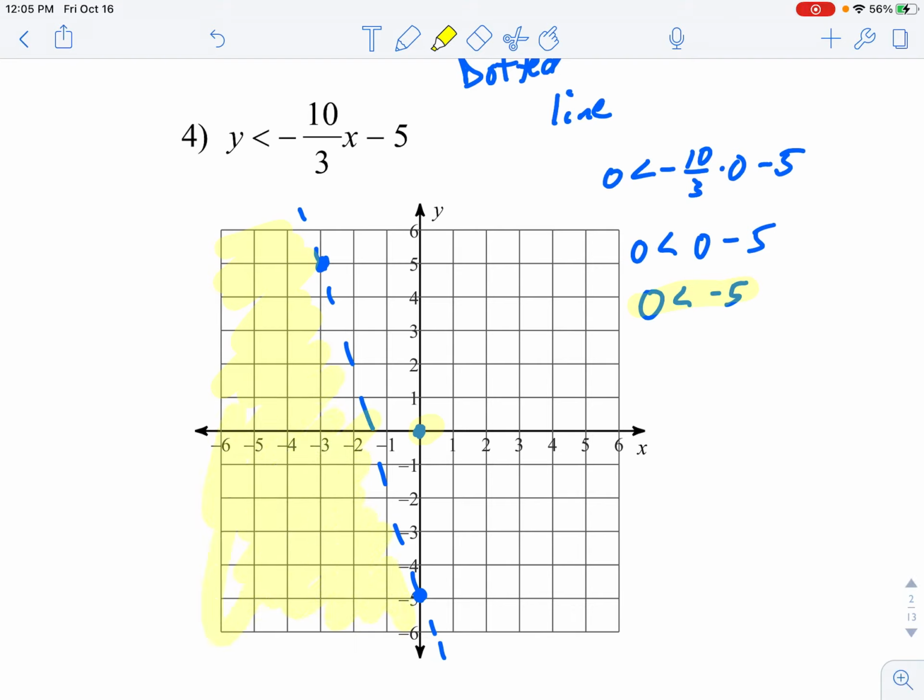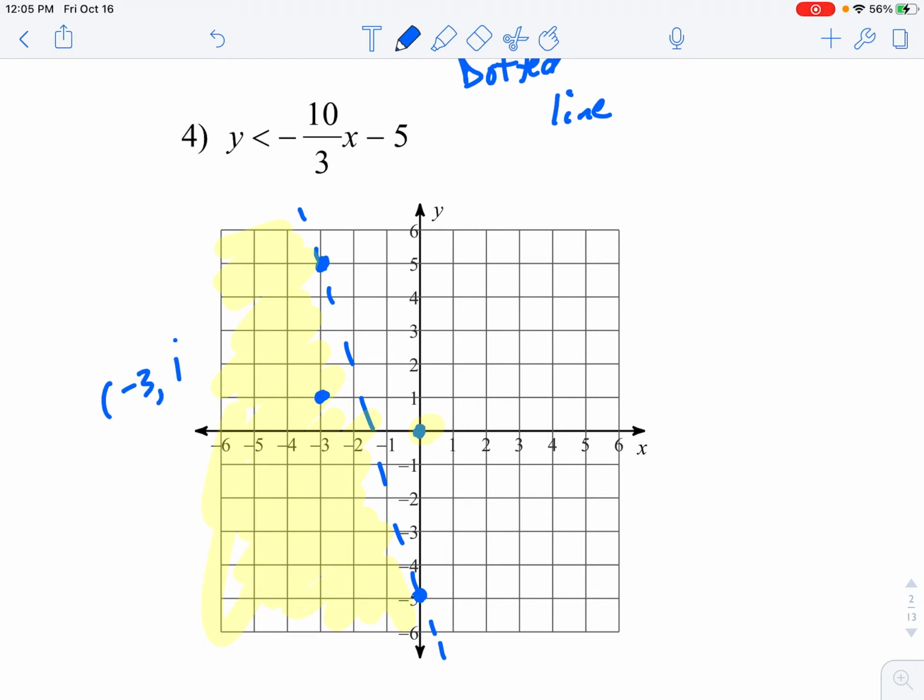Do you have to pick a test point just to make sure? No, you don't have to. You might want to if you're a little paranoid, like, oh my gosh, I don't know if I'm doing this right. So maybe I'll pick the point negative 3, 1. So what I'm doing right now, you might consider extra work just to be redundant. 1 is less than negative 10 thirds times negative 3 minus 5. 1 is less than negative times negative is positive.